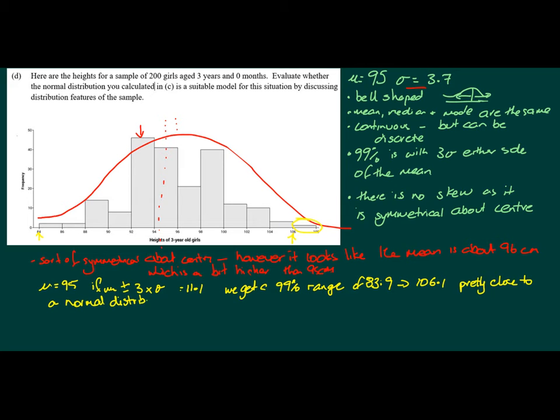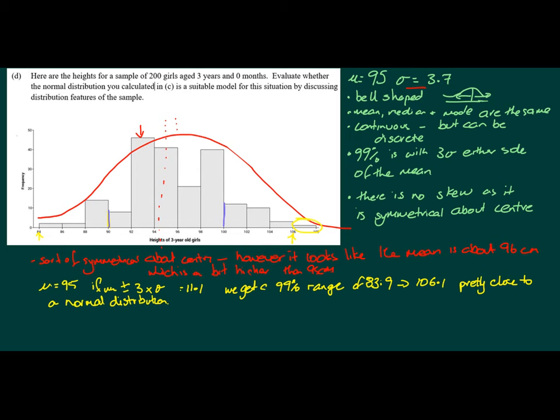It's pretty close. We could go one standard deviation either side and count up the values, doing our best. One standard deviation either side would be from 91.3 through to 98.7. One other thing we could do is look at what the data gave us between, say, 90 and 100.